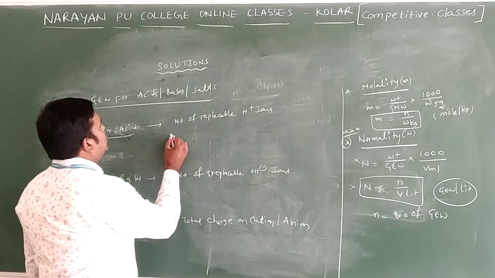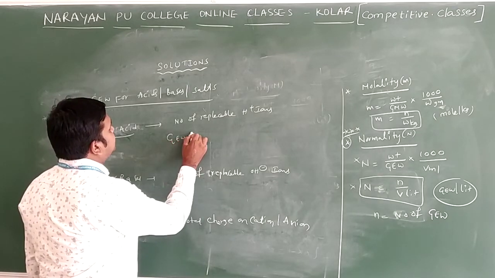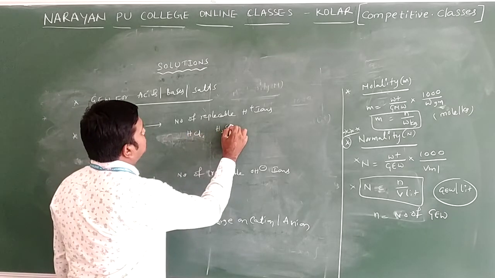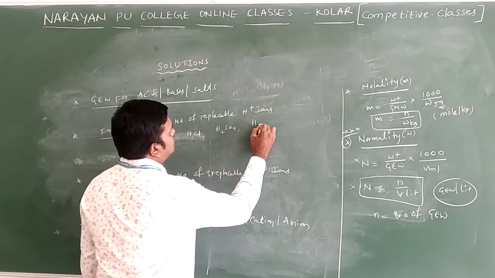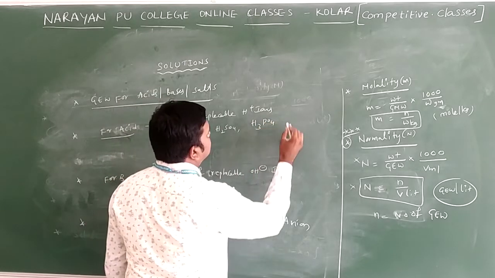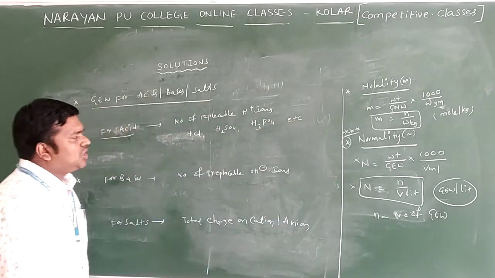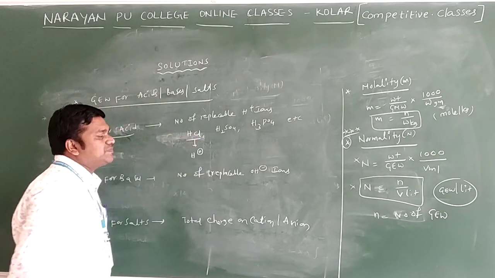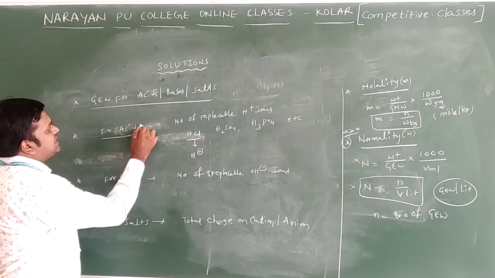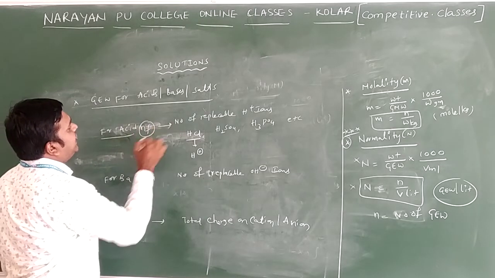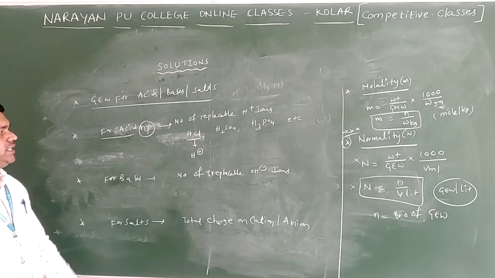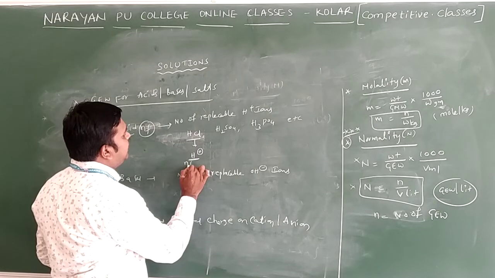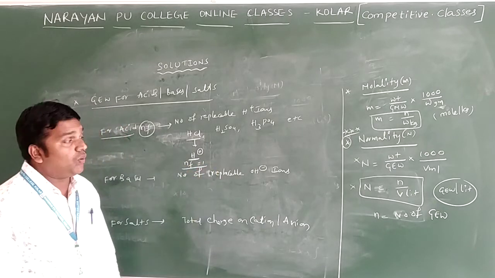So if you take the gram equivalent weight of acid, I am writing examples: HCl, H2SO4, H3PO4, etc. If you take HCl, it will give how many H plus ions? Only one H plus ion. So for acid we call it the N factor. N factor for HCl how much here? Only one H plus ion replaced. So I am writing here N factor is equal to 1.